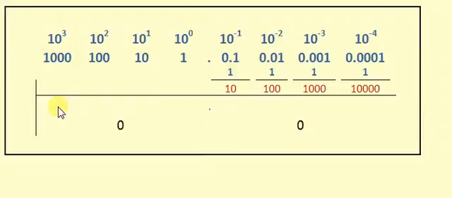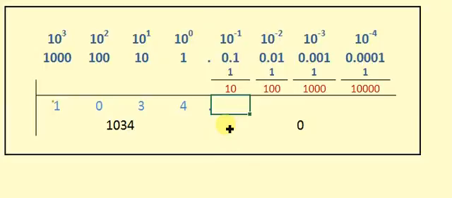So let's write a value in here. If we write 1 thousand, no hundreds, 3 tens and 4 ones, then we get 1034.